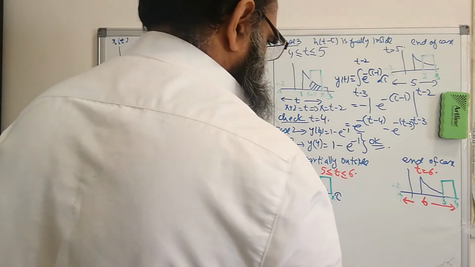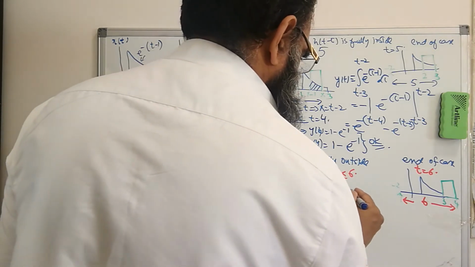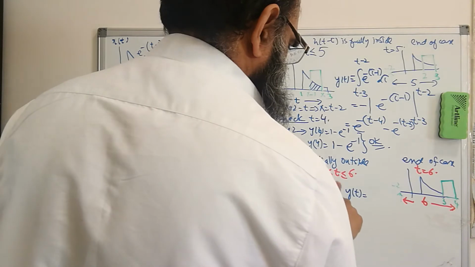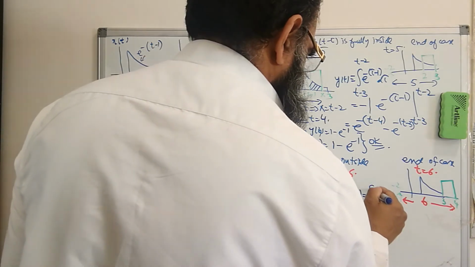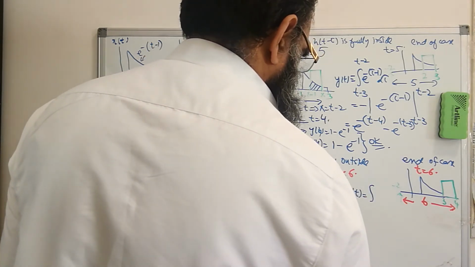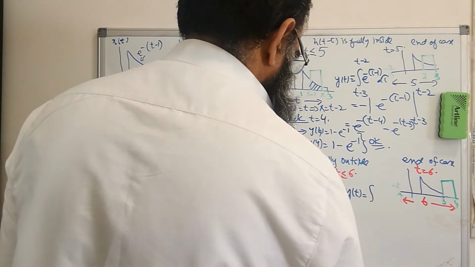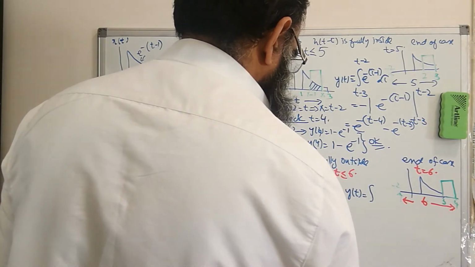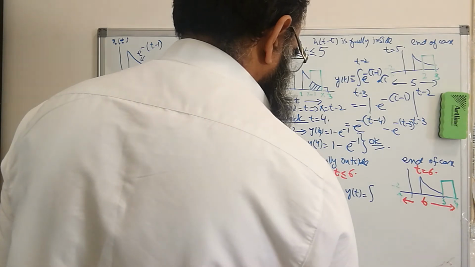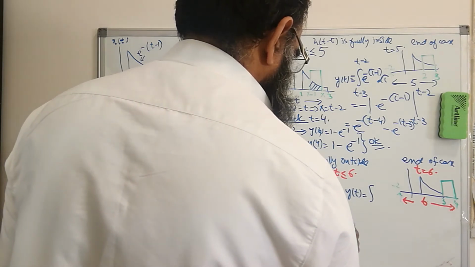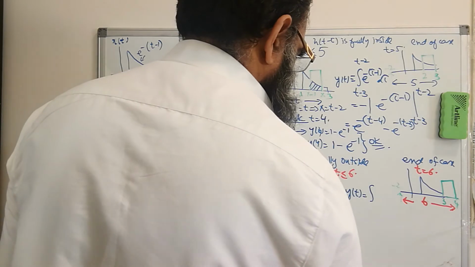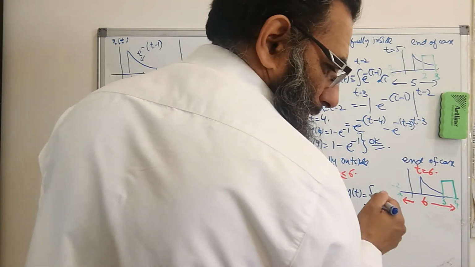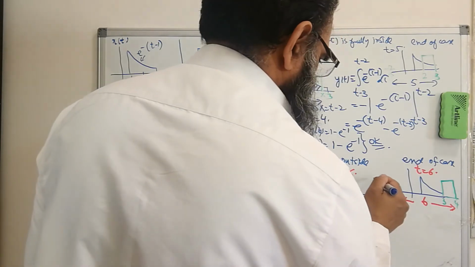And my integral will be y of t equal to the integral of e raised to the power minus (tau minus 1) d tau. Here again this is minus 2, so x plus 2 equal to t, so x equal to t minus 2. It will be from t minus 3 to 3.